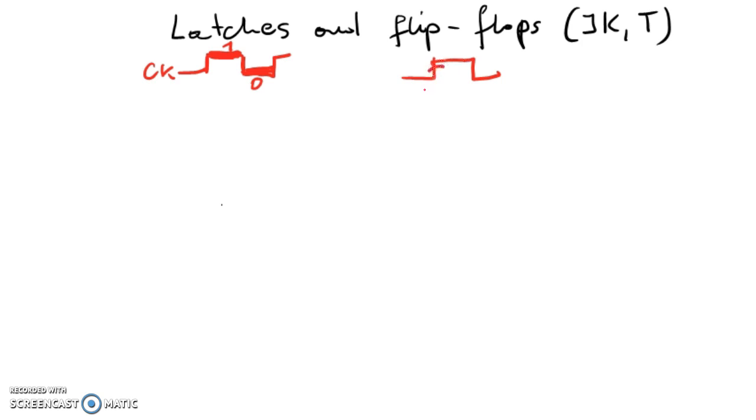The ones whose values can be changed on the positive edge, or alternatively on the negative edge, but also not both at the same time. So you've got also two types of flip-flops, positive edge triggered and negative edge triggered ones. So let's wipe these out and let's start describing what the JK operation is.